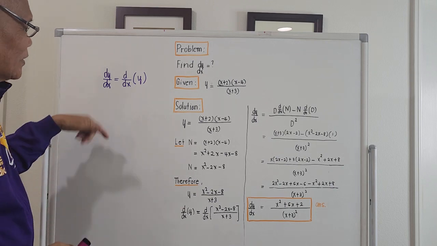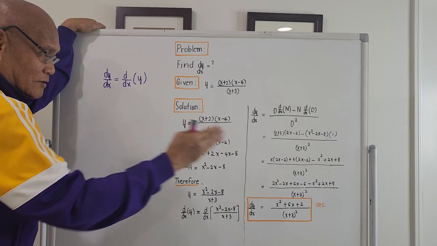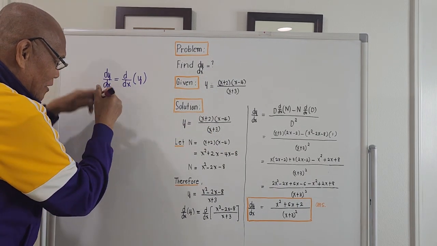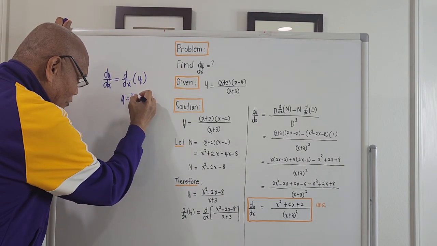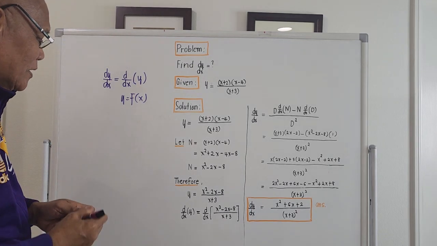So to compute for dy/dx, we must differentiate the right hand side with respect to x, because we are given y as a function of x. Okay, so there's no problem with that one.